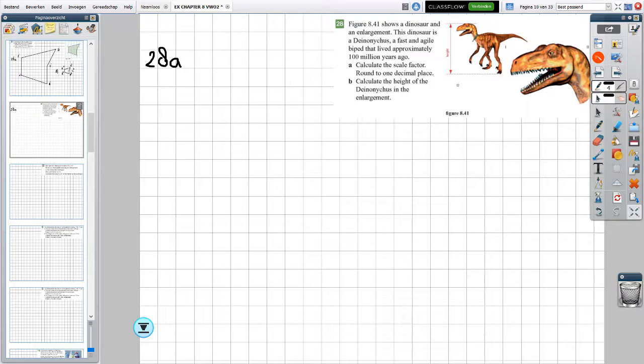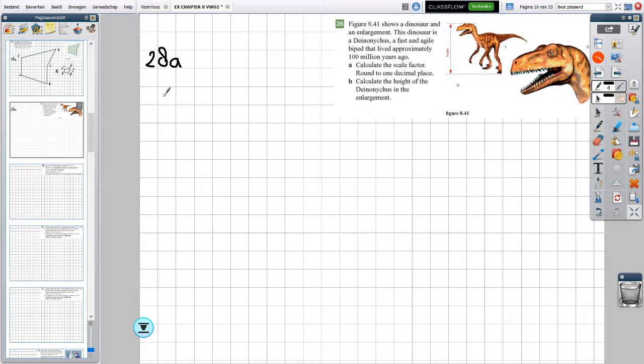They show us the image of this dinosaur and they show us an enlargement right here. So this is the object, this is what I start with, the original, and this is my enlargement, the image.